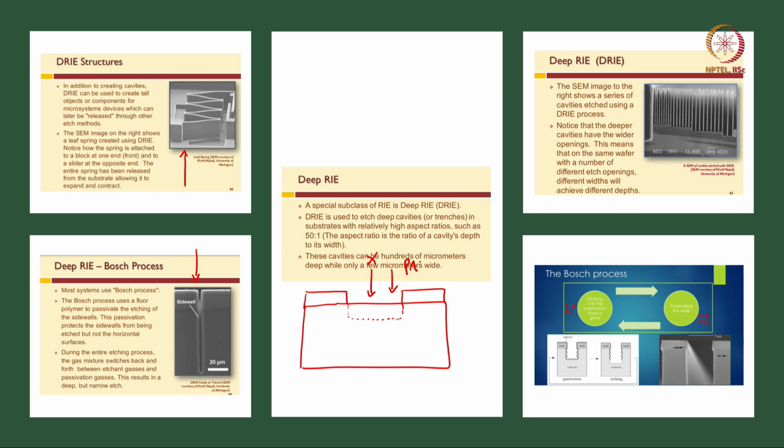So you start the passivation, it forms a layer like this, then you start etching and stop the passivation, then again start passivation, stop etching, again start etching, stop passivation. This way you can go all the way to the cavity that you want to create, the final diaphragm that you want to have.